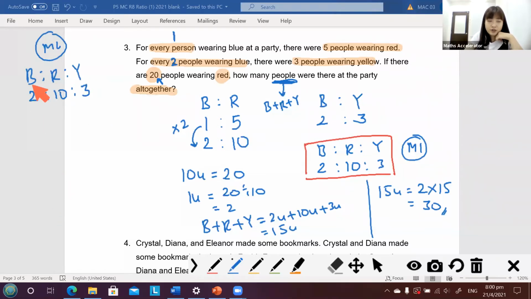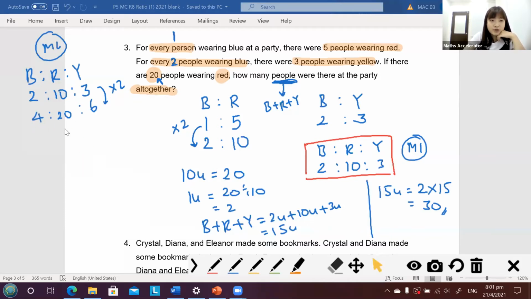You must still make it equivalent. But instead of taking the 10 units to be 20, you can try to change 10 to 20. From 10 to 20, you times 2. But if you times 2 here, the yellow also must times 2. 3 times 2, 6. And then you have your 2 times 2 for blue, 4.